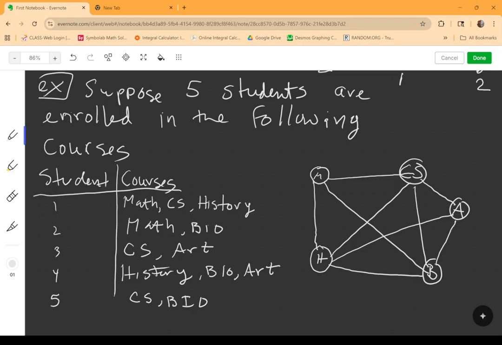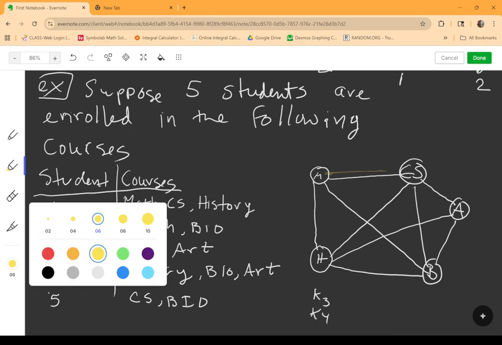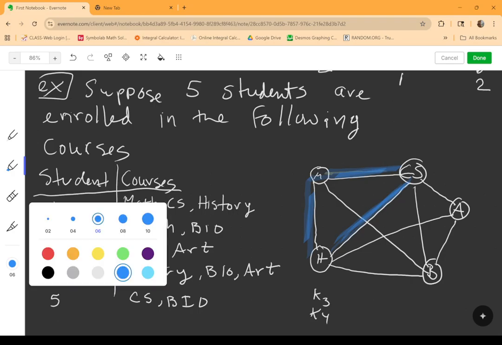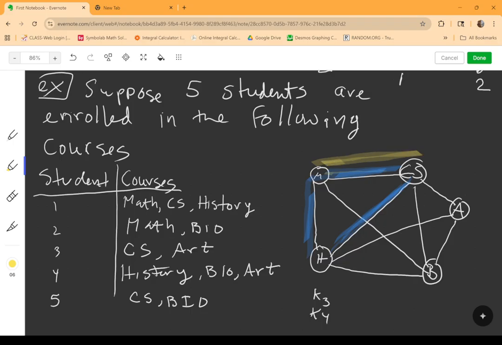So the first thing I want to do is, well, what is the largest complete subgraph here, right? Now I could see that there is a K3 and a K4, right? Now if we think of K3, right, we can think of this graph here, or you have students enrolled in all 3, but that is not the largest subgraph, right? There's actually a bigger subgraph, and that being K4 that I could see here.